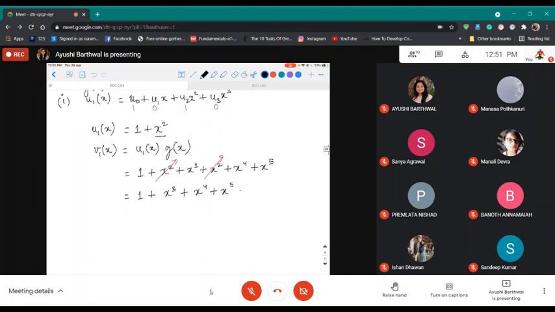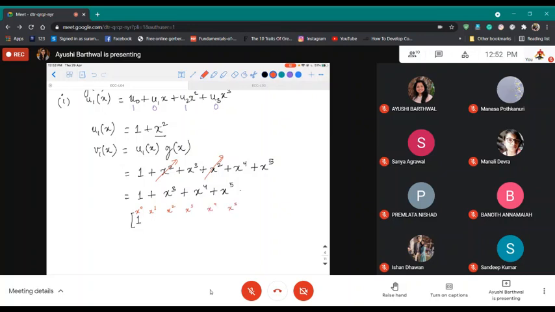So how will we write our code vector? The coefficient of x raised to the power 0 is 1. Here we write down the coefficients of x raised to the power 0, 1, 2, 3, 4, 5.